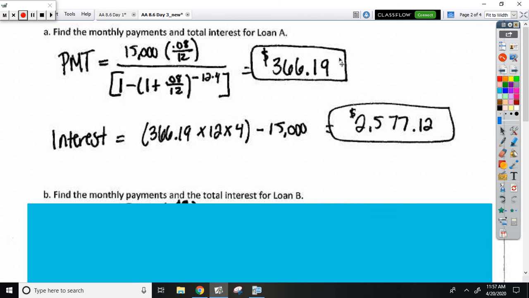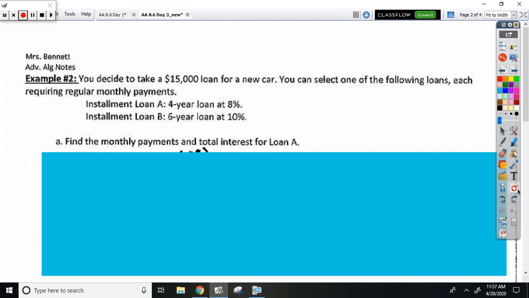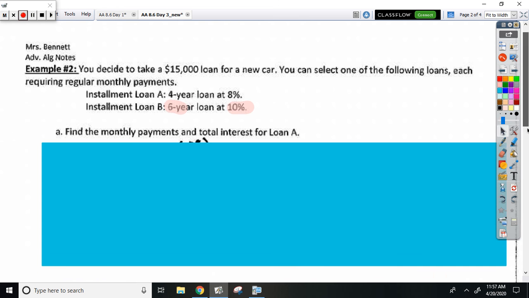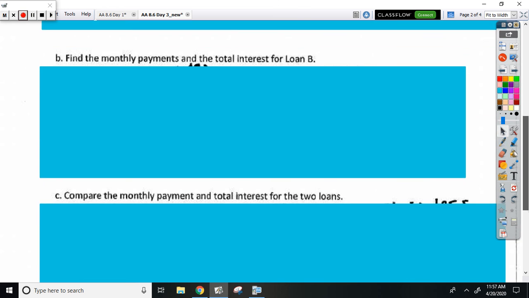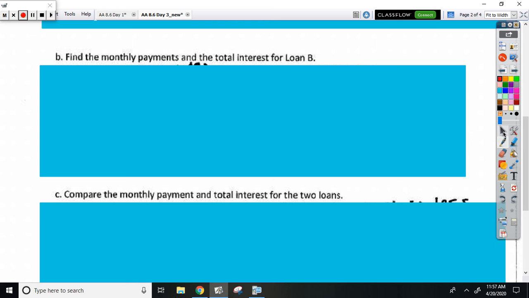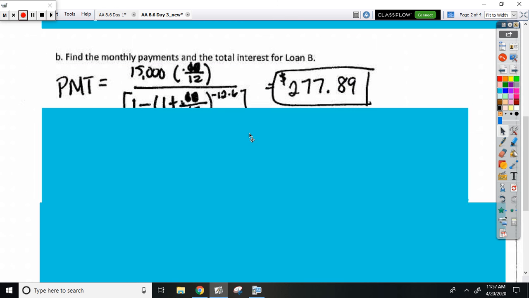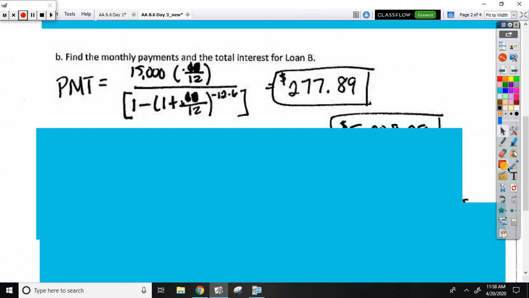For part B, we're going to do the same exact thing, but we are going to be looking at 6 years and 10% as our interest rates. So for this one, we use our monthly payment formula, or we're plugging in, you can see that I made a little mistake here. This is 0.10.